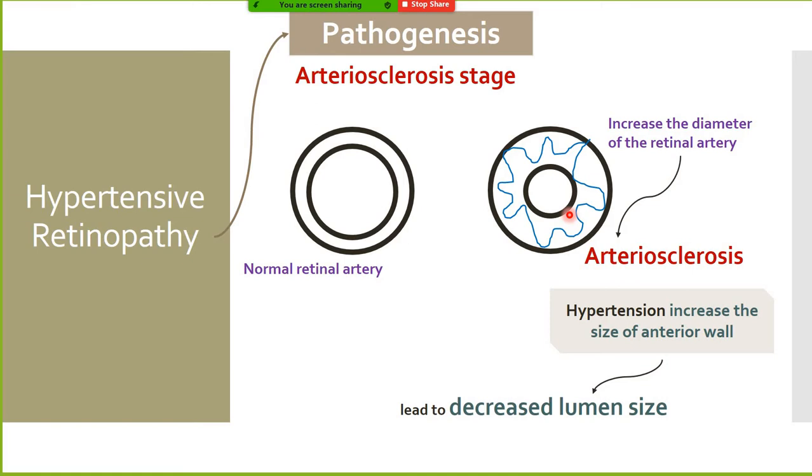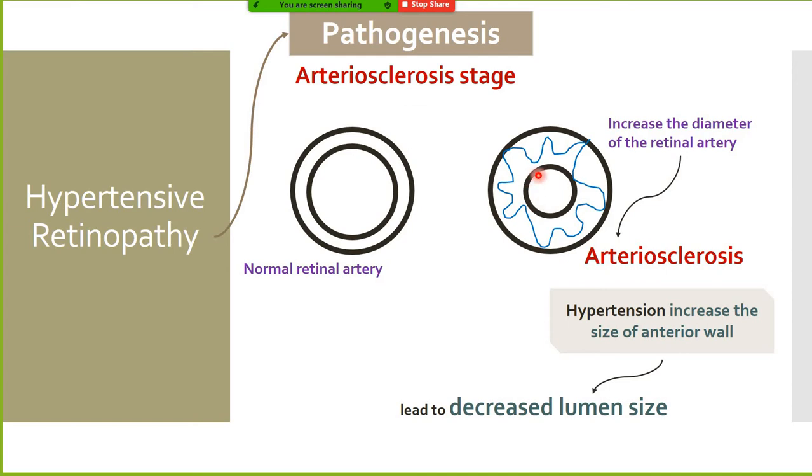You might wonder how, if only the outer wall is getting thickened, it is going to have an effect on the blood flowing on the inner side. We will discuss that in the upcoming slides. Look here.